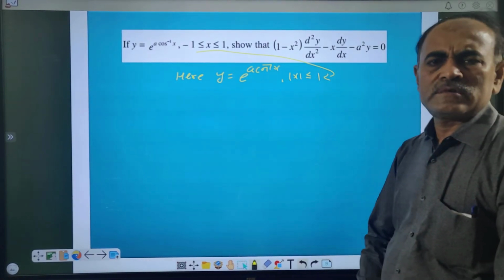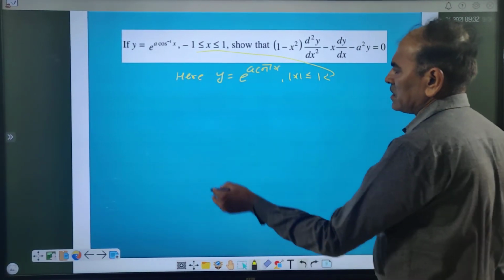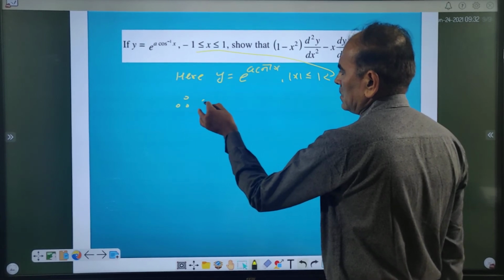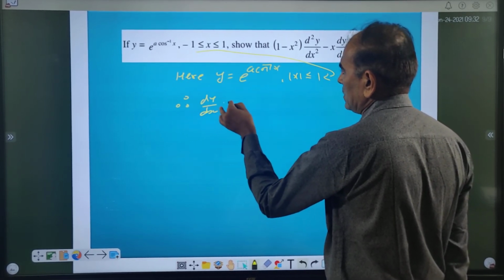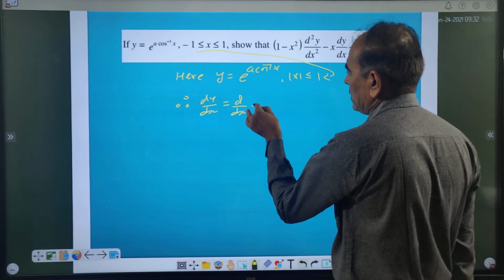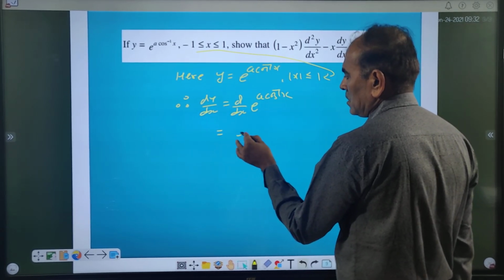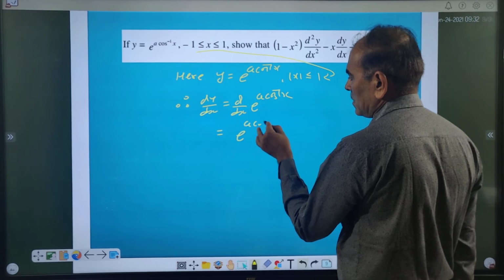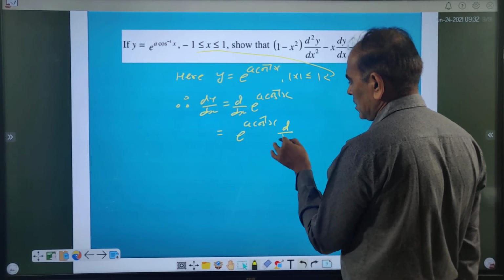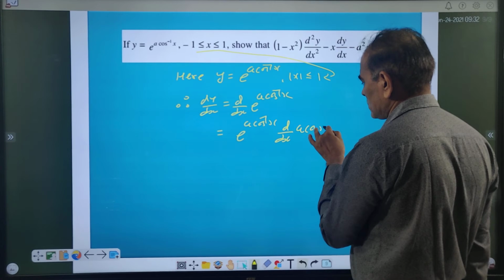Now what will we do? Just differentiate with respect to x on both sides. And therefore dy by dx is equal to d by dx of e raised to a cos inverse x. e raised to some function, d by dx of that function.